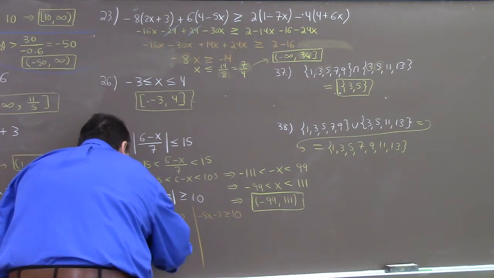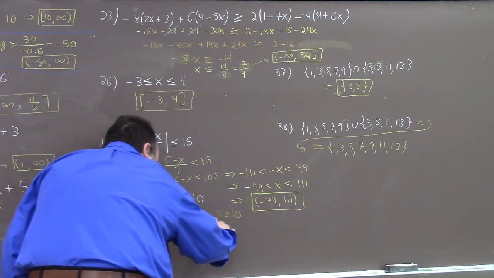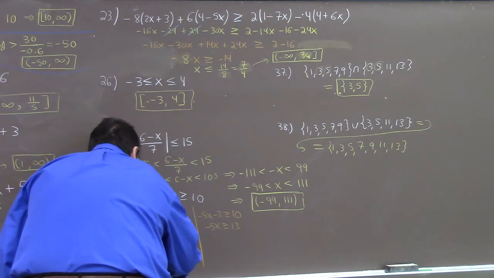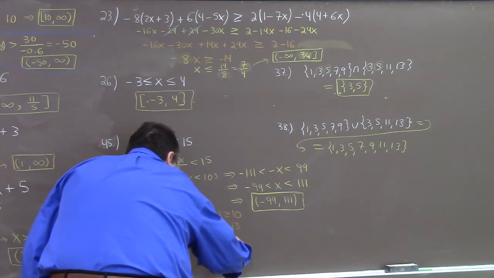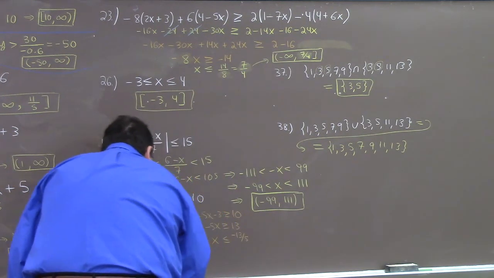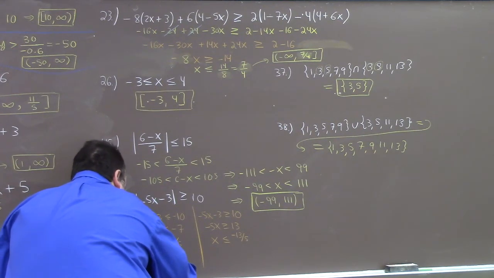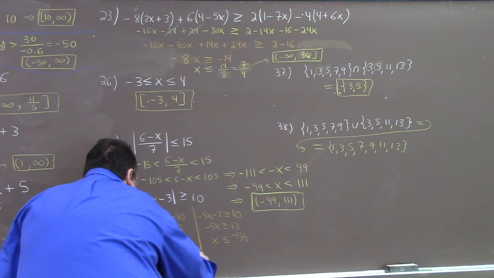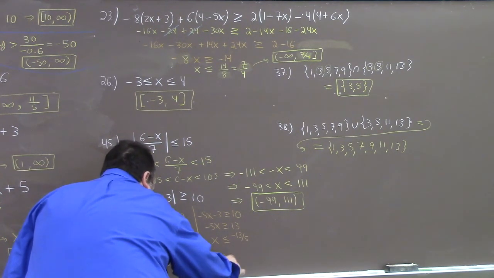And that, of course, gives us minus 5x less than or equal to minus 7, or minus 5x greater than or equal to 13, which gives us x greater than or equal to 7/5, or x less than or equal to minus 13 over 5. So the answer is minus infinity to minus 13 over 5 included, unioned with 7 over 5, comma, infinity.